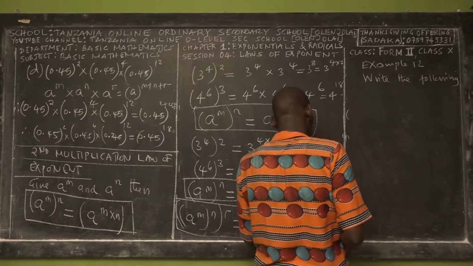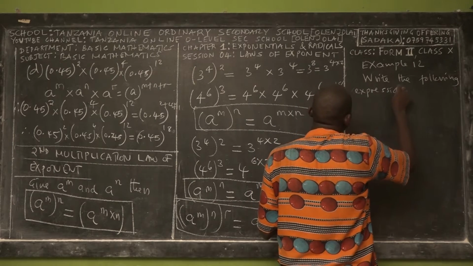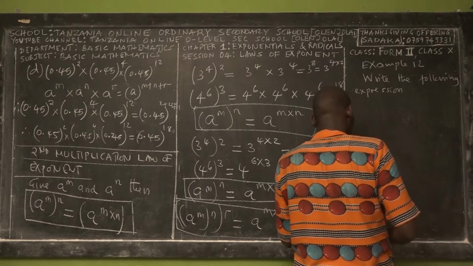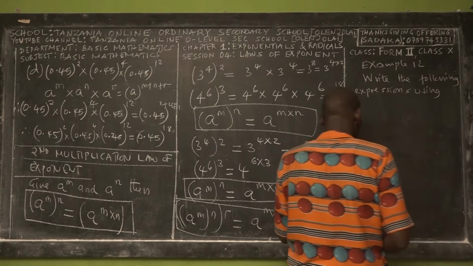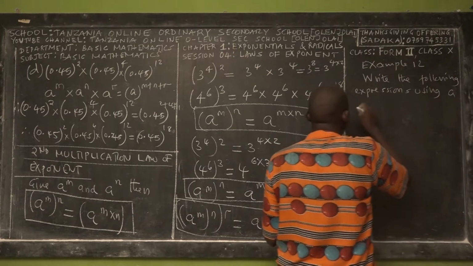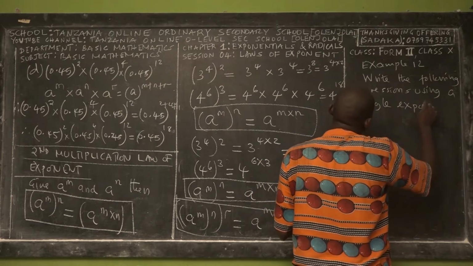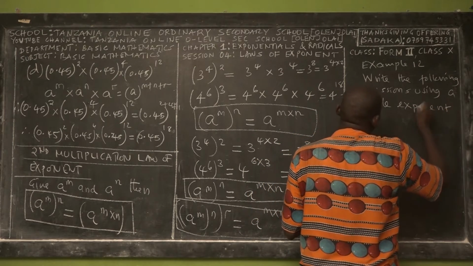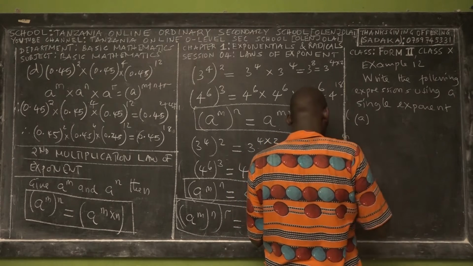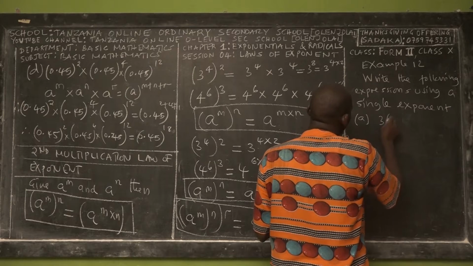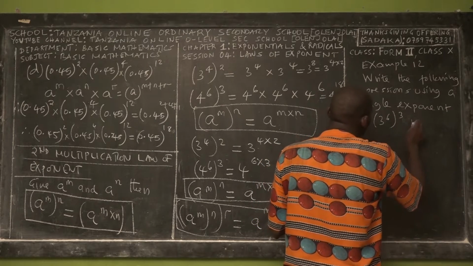Write the following expressions using a single exponent. A is 3 power 6, then exponent 3.